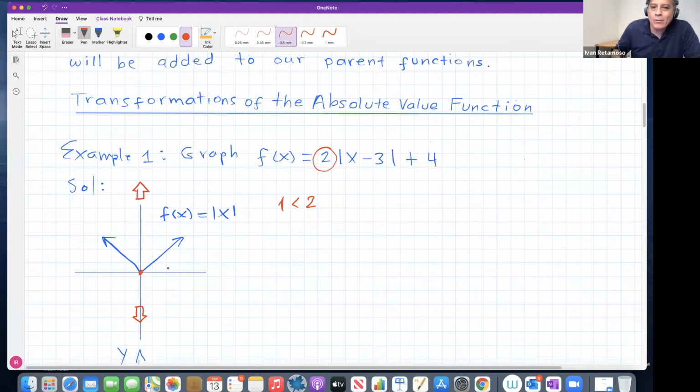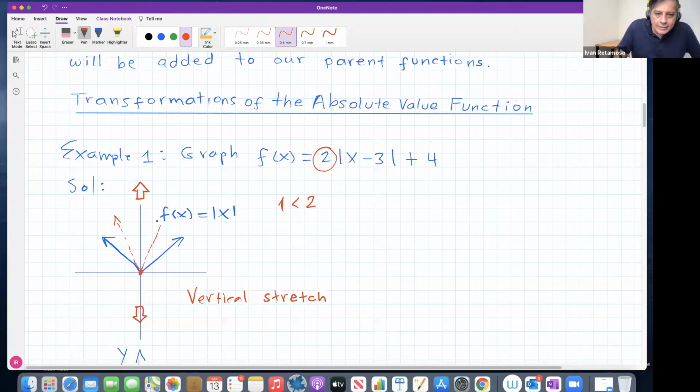Why this point fixed? Because it's 0, 0. 0 times 2 is 0, it doesn't move. So I'm going to write here, vertical stretch. The new graph will look like this.